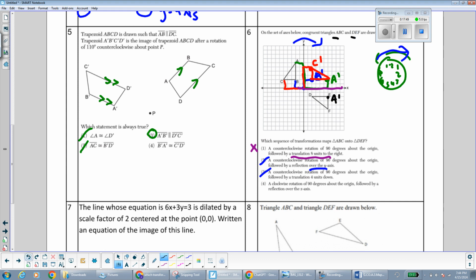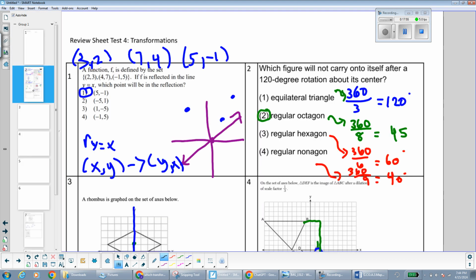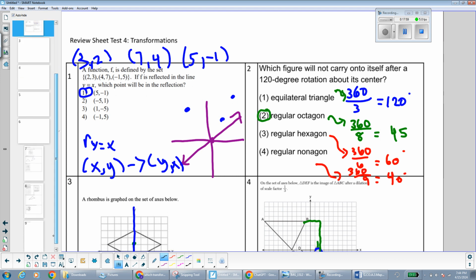So our correct answer choice was the answer choice that we saw before. Let me scroll back down to it.